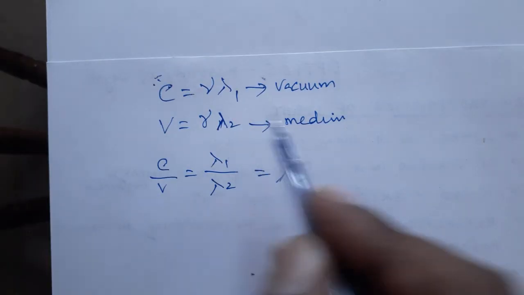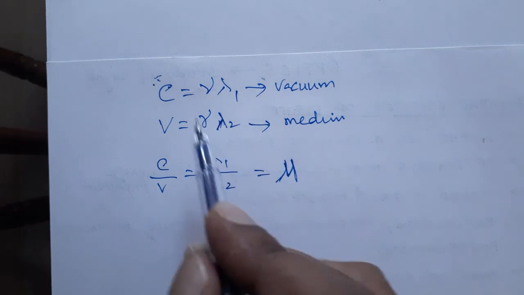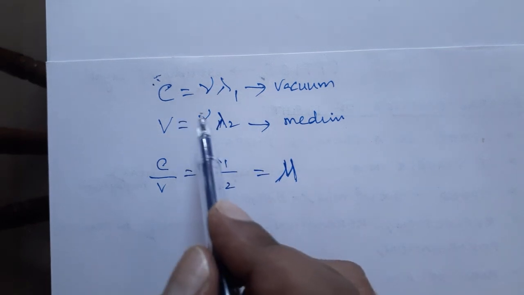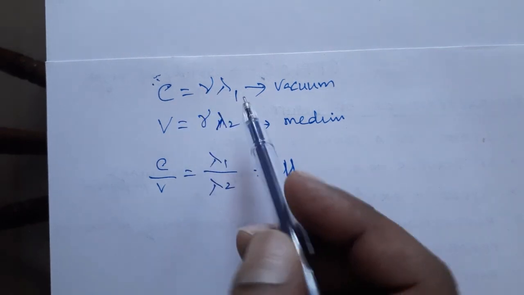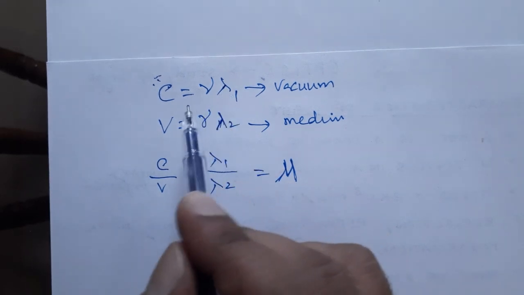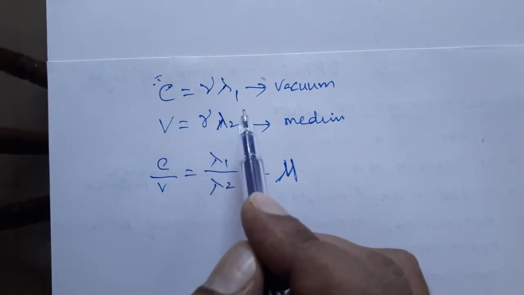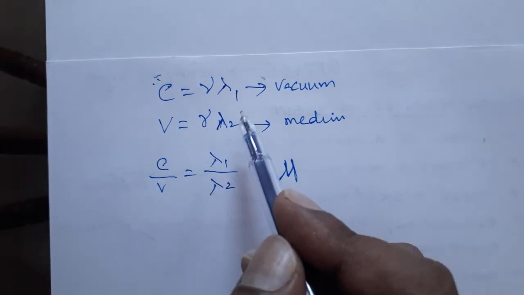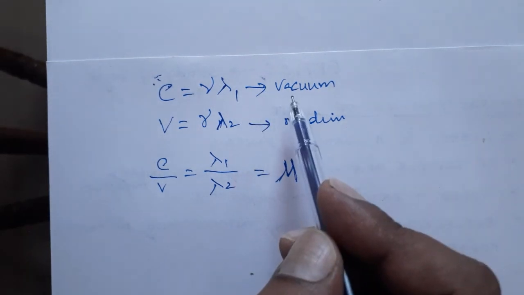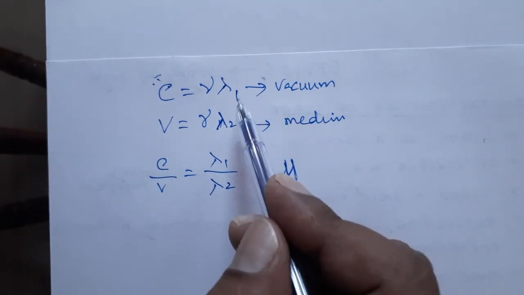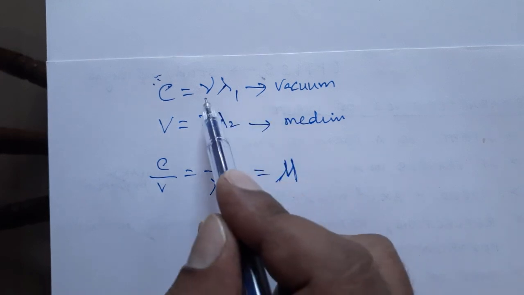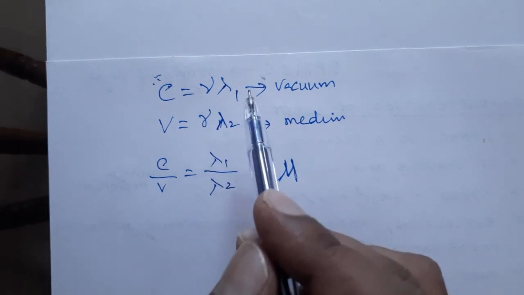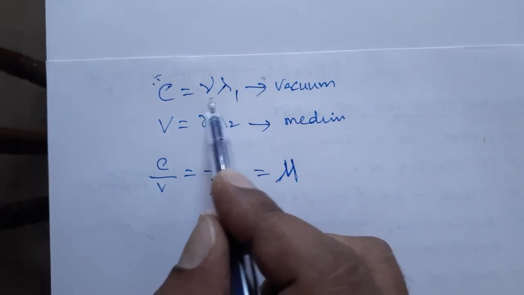Okay, just listen to me. Whenever light travels from one medium to another medium, its frequency does not change, but velocity and wavelength change accordingly. Velocity and wavelength undergo changes, but frequency remains constant. No change in frequency.